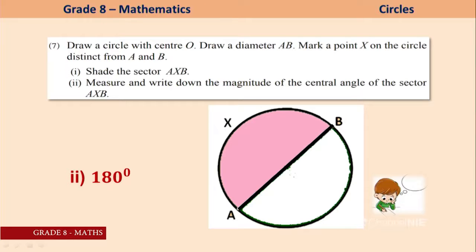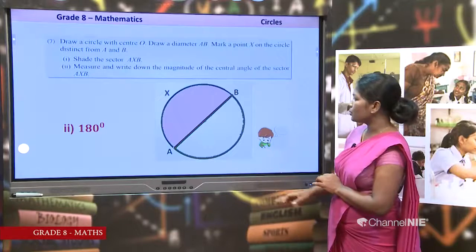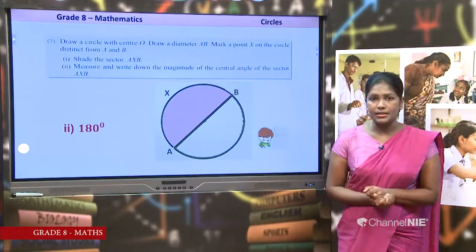The pink color region is the sector AXB. So, the second question I asked, measure and write down the magnitude of the central angle of the sector AXB. The central angle, measure and write down. You can measure using protractor? So, the answer should be 180 degrees.